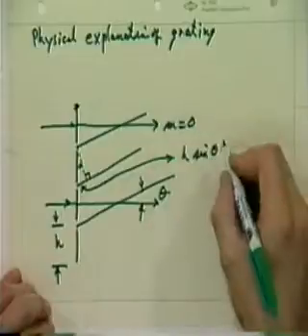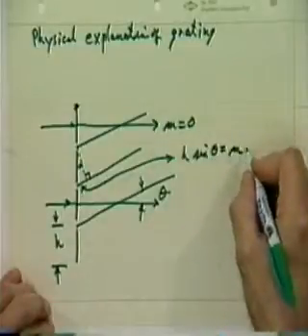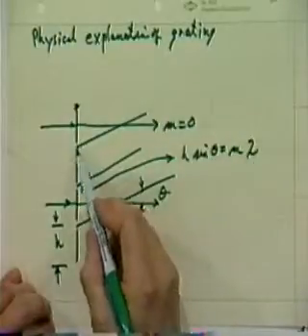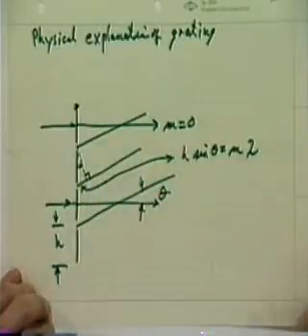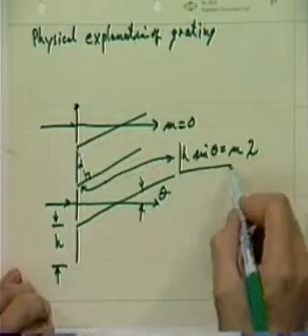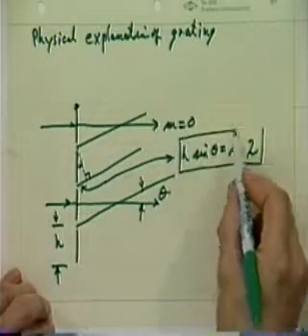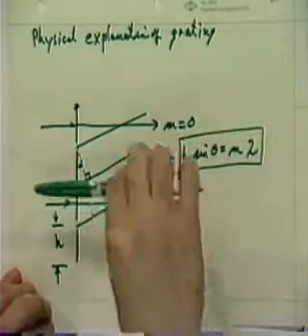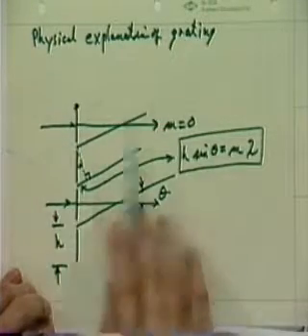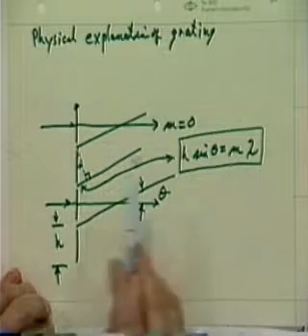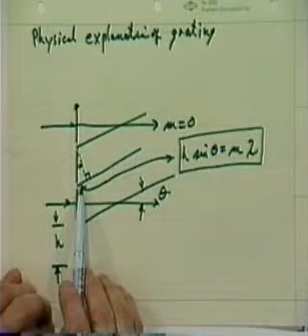And if this is equal to an integer number of wavelengths, m lambda, then the light going through this little window and the light going through this window would be in phase. And so this is when we get maximum light. These are the angles at which we get maximum light. And the light that went straight through would be when m is equal to 0. There's no path difference.